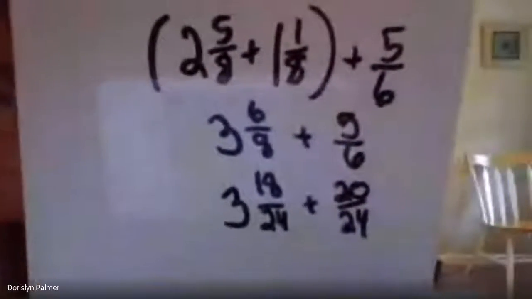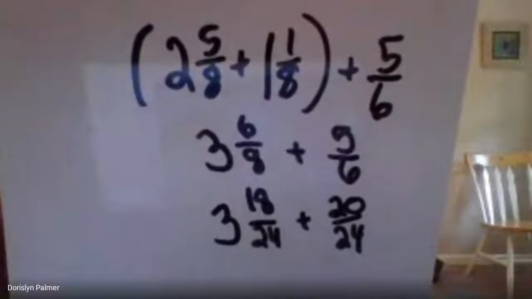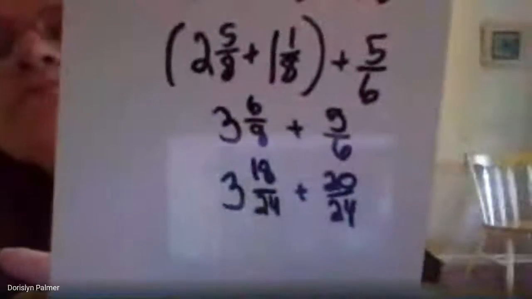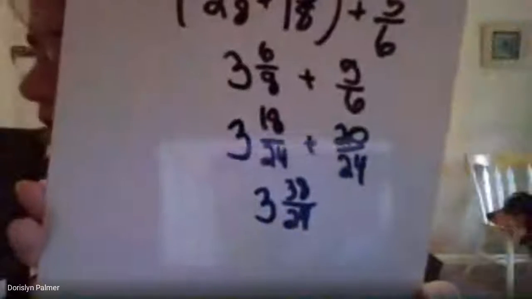So I'm going to make it 3 and 18/24 plus 20/24. I'm going to add that together. And I have 3 and 38/24.